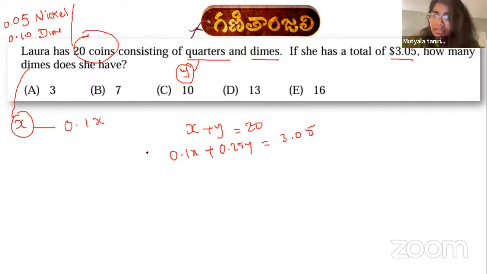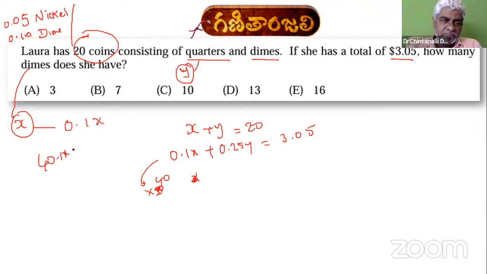We can multiply it by 10. What is asked? Dimes are asked, so we need to eliminate Y. To eliminate Y, we multiply by 40, then 0.25Y will become 10Y. What is 40 into 0.1? 4.